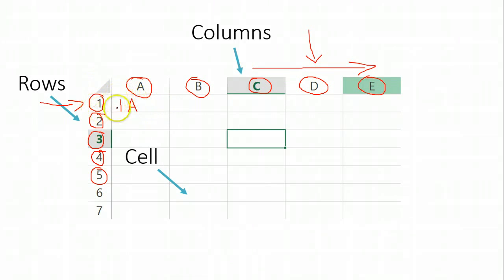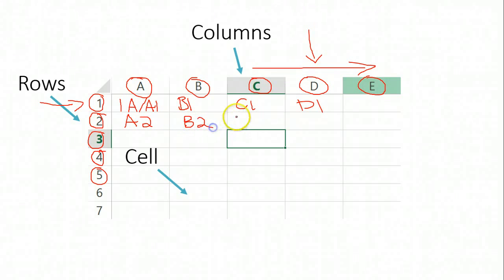So for example, the first cell that crosses with A and 1 would have the cell address A1. If we go over 1, we could have cell B1, then C1, D1, etc. If we move down a row, we could have A2, B2, C2, etc.